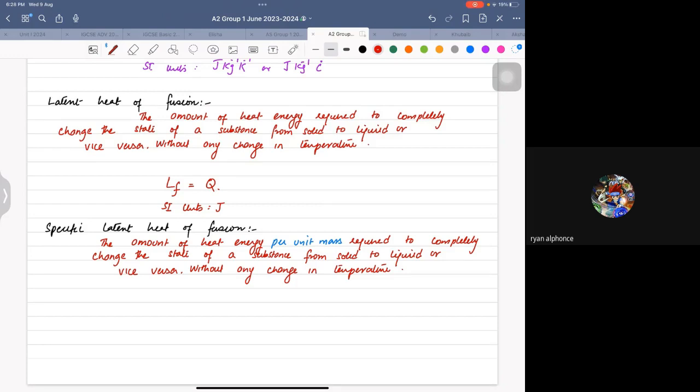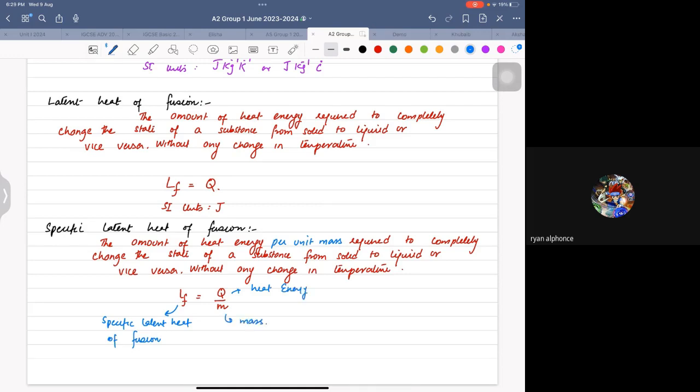Latent heat of fusion is written as small l and f. It will be equal to energy per unit mass. So heat energy, and this would be mass.